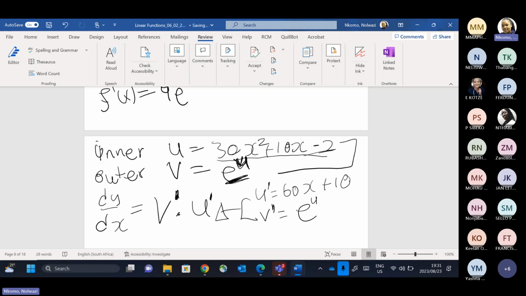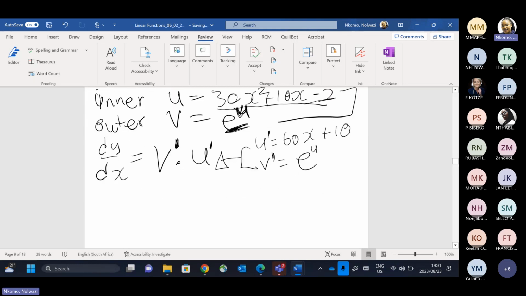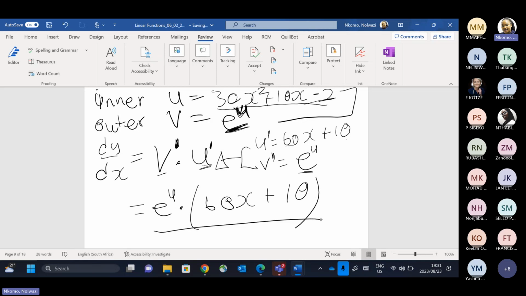Then we take these two and substitute them back here. If we do that, v prime is e to the power u, times u prime, which is 60x plus 10. You see, this function has u. We were not given our function in terms of u. We need to substitute the original u back so that we'll have the final answer.